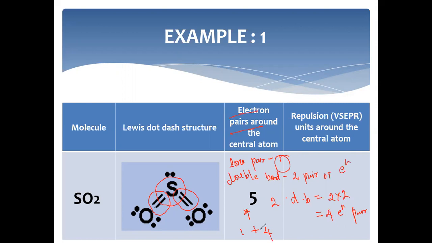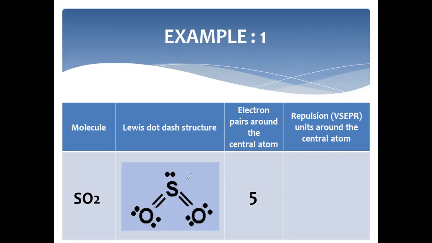Now, can you say what should be the repulsive unit? Look at your sulfur. You have one lone pair, and you have two double bonds, or you can say two bonding pairs.